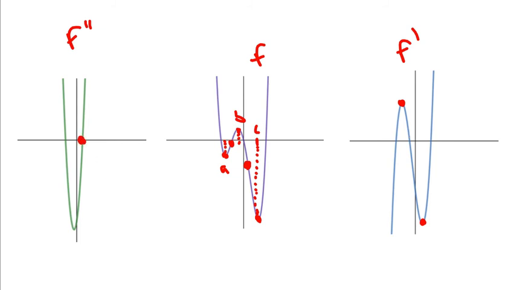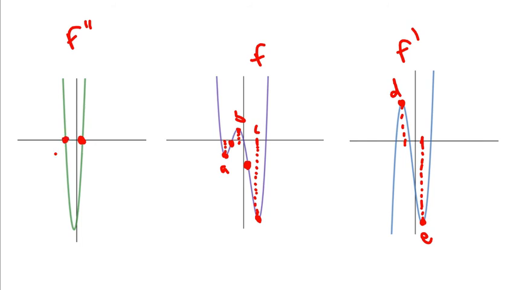So that would relate to, let's use different letters. Let's say this is E. And let's call this D. So E is very close to the y-axis, where D is a little bit further away.